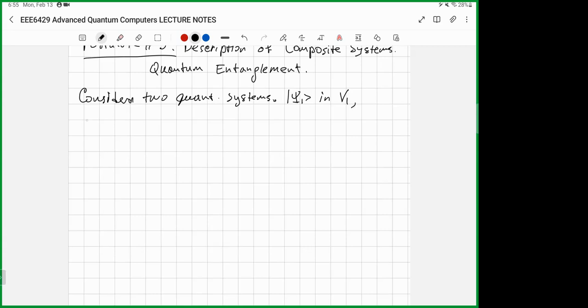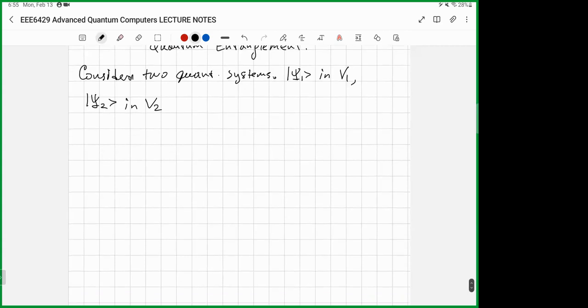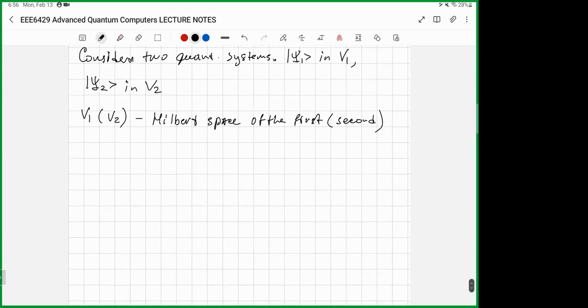And for the second system, we denote the state psi 2 in the Hilbert space V2. V1 and V2 are the Hilbert spaces of the first and second quantum system.